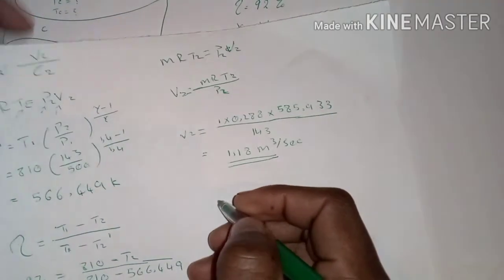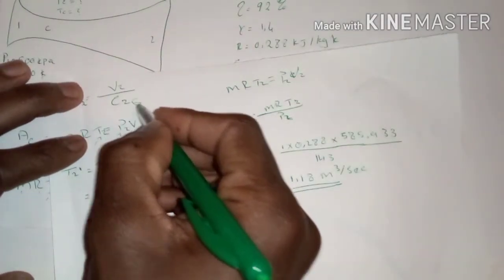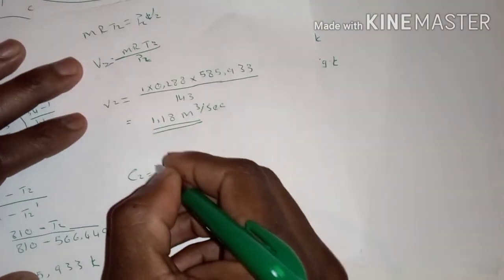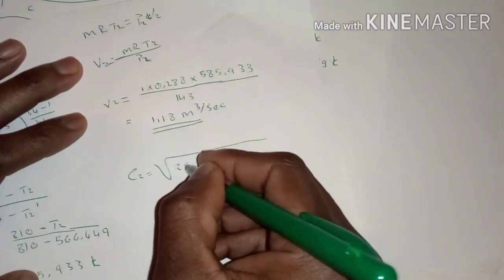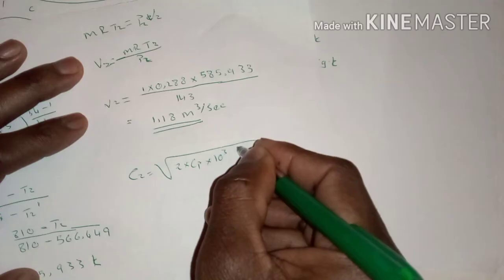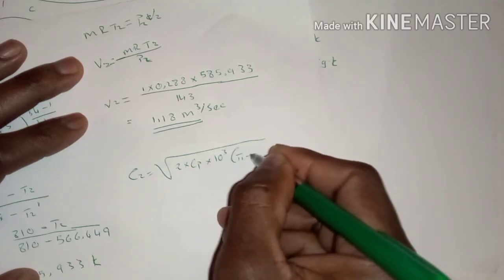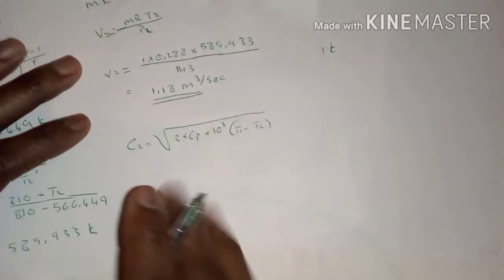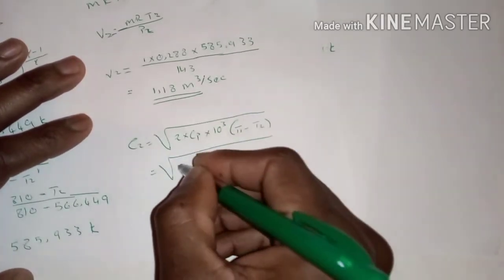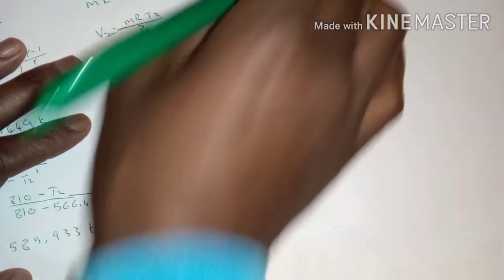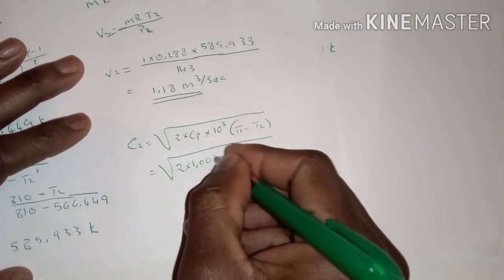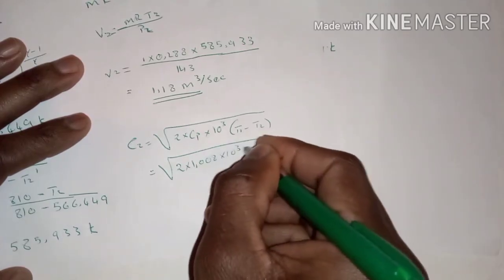So from here we now need the velocity. Now, velocity is given by the square root of 2 times specific heat capacity at constant pressure times 10 to the power 3 in bracket T1 minus T2, because now we're dealing with the outlet. 2 times the specific heat capacity at constant pressure, 1.008 times 10 to the power 3.